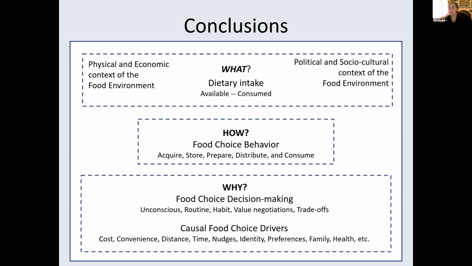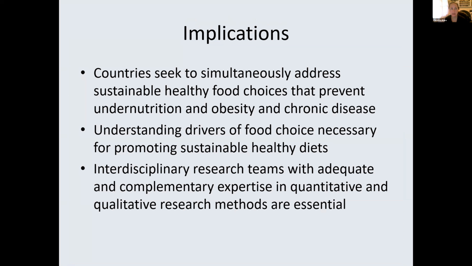Addressing the interrelated questions of what, how, and why people eat the way they do can provide useful insight into drivers of food choice for program and policy action that go beyond answering just one of the questions in isolation. So countries seek to simultaneously address sustainable, healthy food choices that prevent undernutrition and obesity and chronic disease.